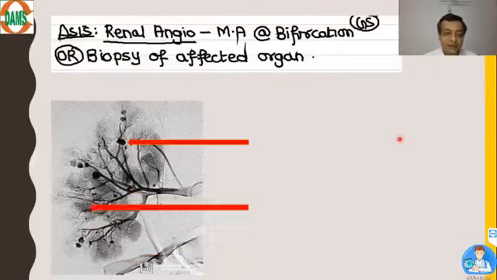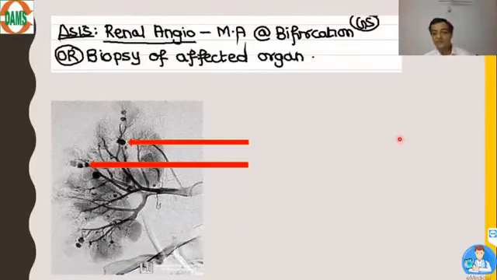You can see microaneurysms present, right at the bifurcation. There is the microaneurysm present at the bifurcation.